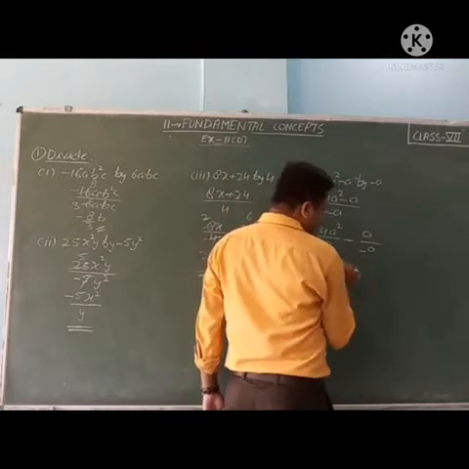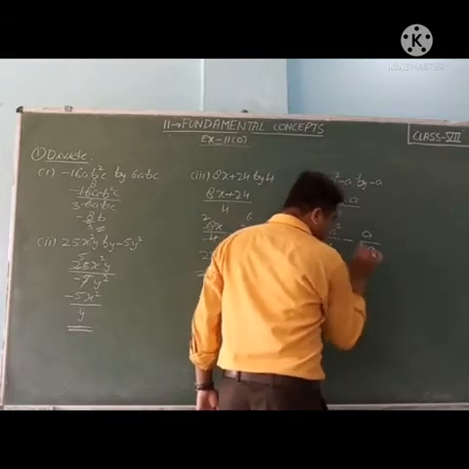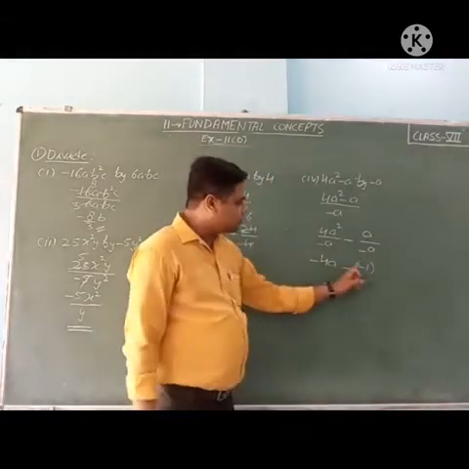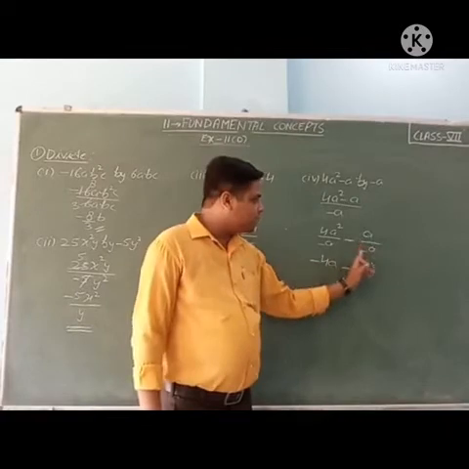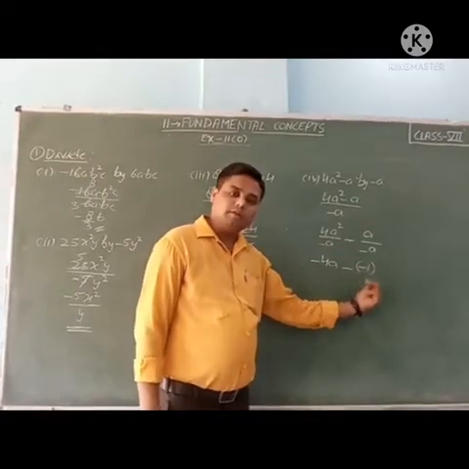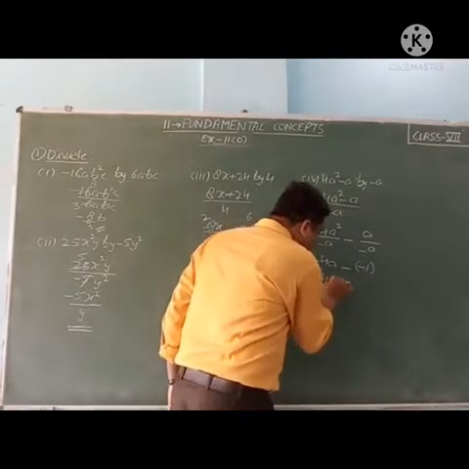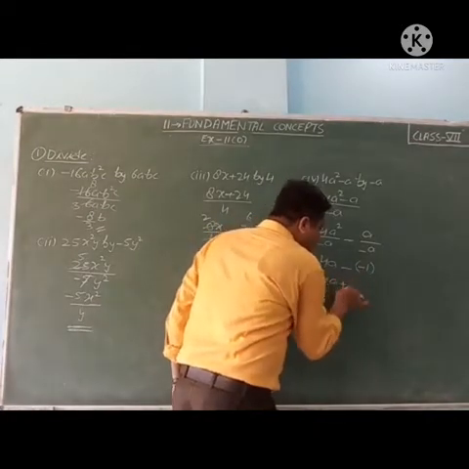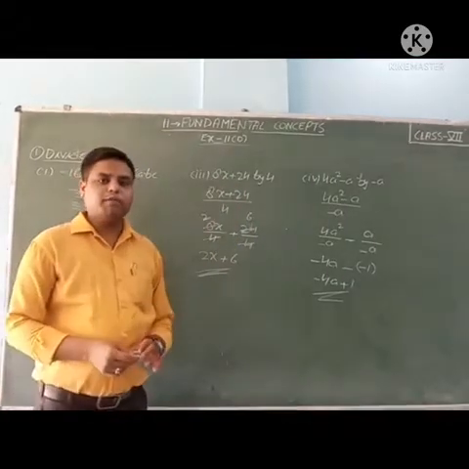So minus sign, plus minus, minus 1. This we will take inside the bracket because two signs are coming together. 1 plus minus minus, so minus 1. And minus 4a minus minus plus 1. So students, the answer is minus 4a plus 1.